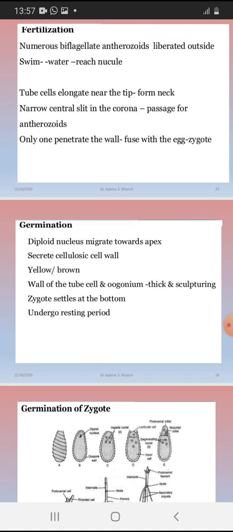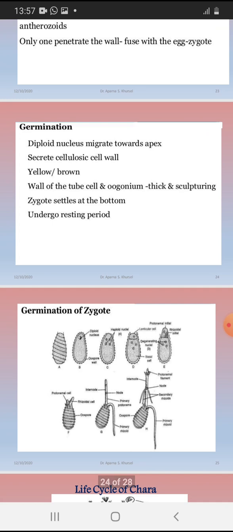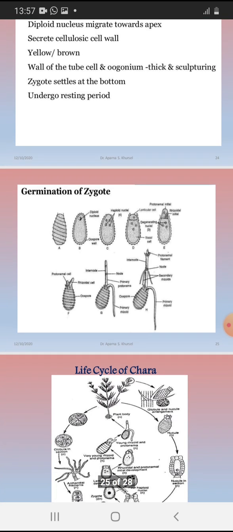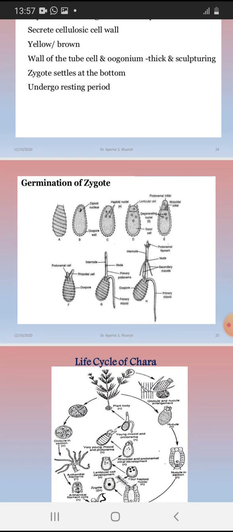Now, this diploid zygote or diploid nucleus migrates towards the apex. Now, the diploid zygote undergoes meiosis and forms 4 haploid nucleus.